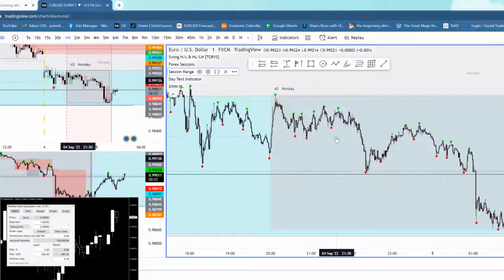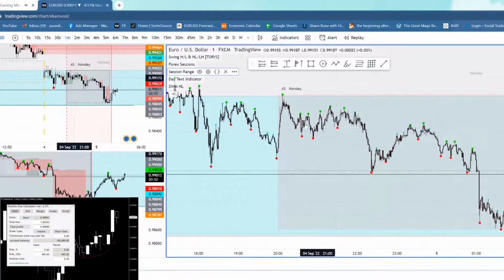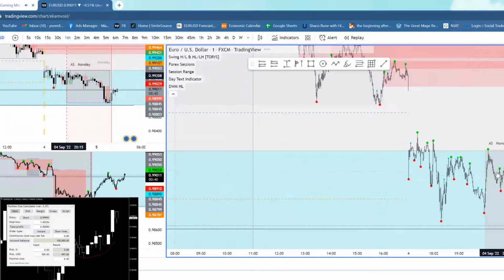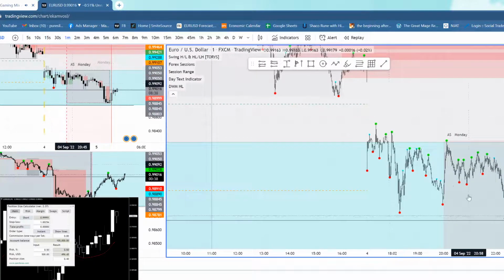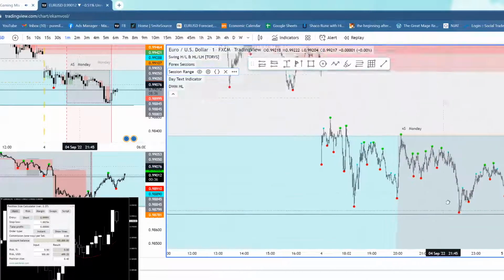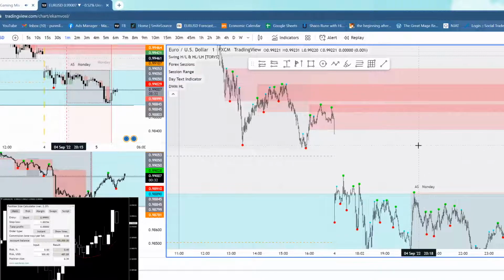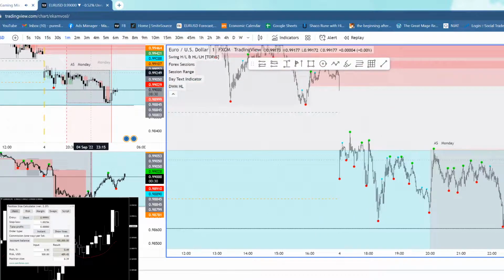But it's about ranges and so on. So we're going to be working our way down here, marking everything up, just so we can keep on track on what was hit, what wasn't hit, where price could be going since it was hit, and so on.